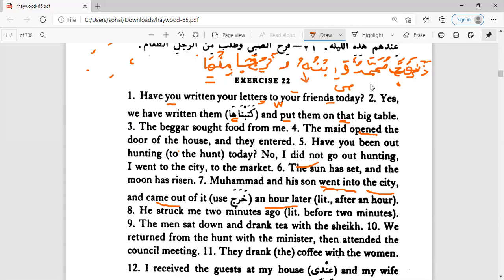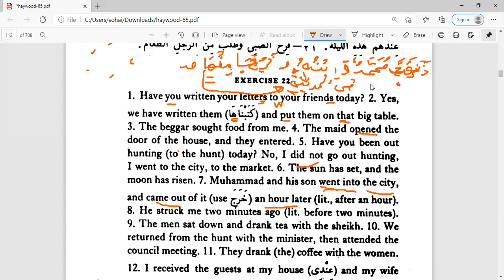So Muhammad and his son went into the city. And minha obviously is referring to al-Madina. Al-Madina is feminine, so the ha is feminine.